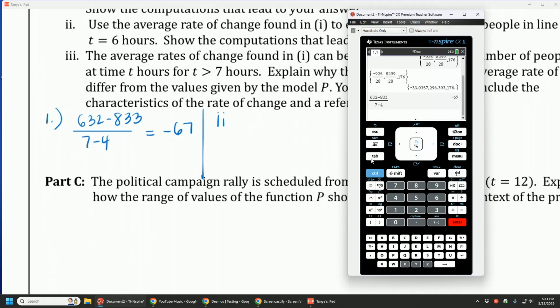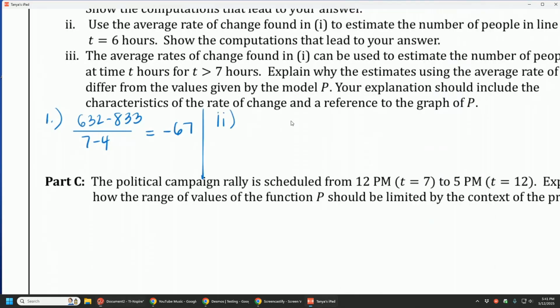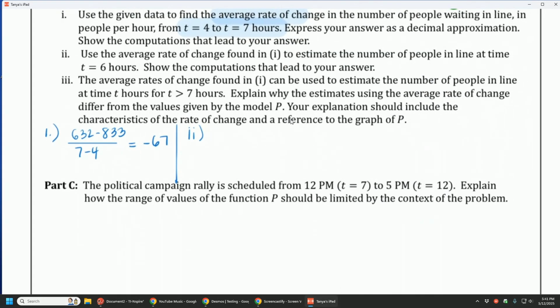Okay, now for part 2. Use the average rate of change found in part 1 to estimate the number of people in line at time equals 6 hours. Show the computations that lead to your answer. Okay, so rate of change has to be a linear equation. So first I'm thinking y equals mx plus b.